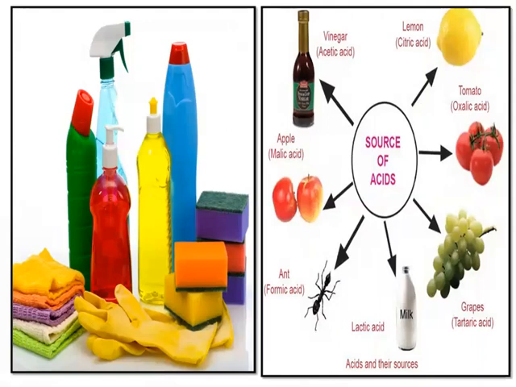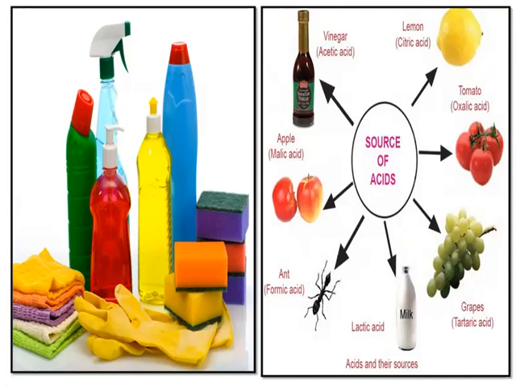When we see these pictures, the first shows the various cleaning substances of our home. The second picture shows the various sources of acids of our daily life. What are these? These are compounds.